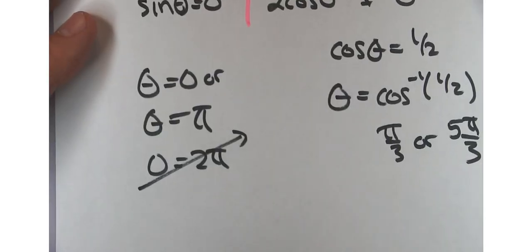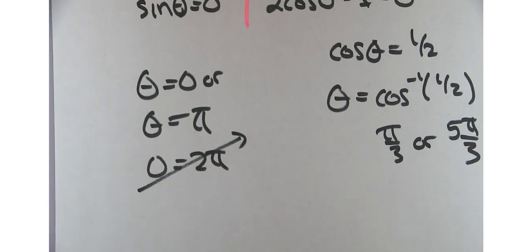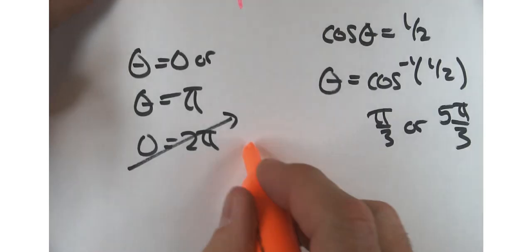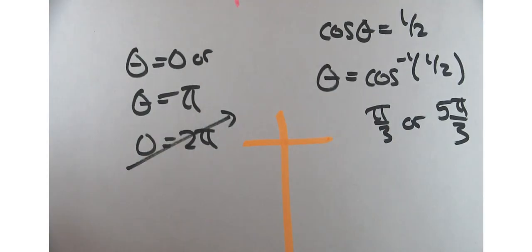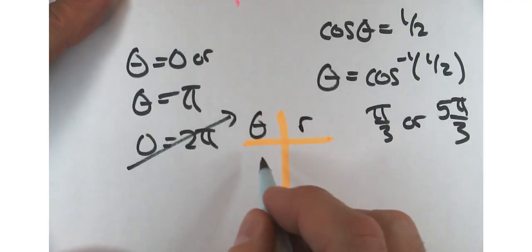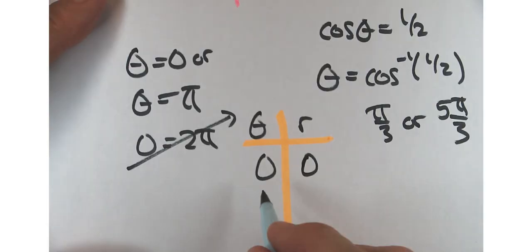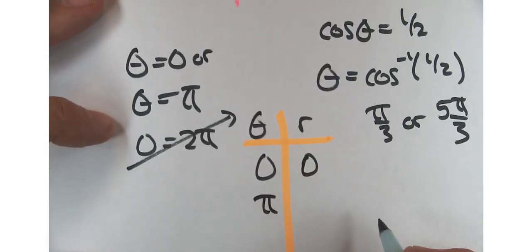I'll make a little list here. Let's do a little chart, theta and r. When theta is 0, r is 0. When theta is pi, r is 0 again.